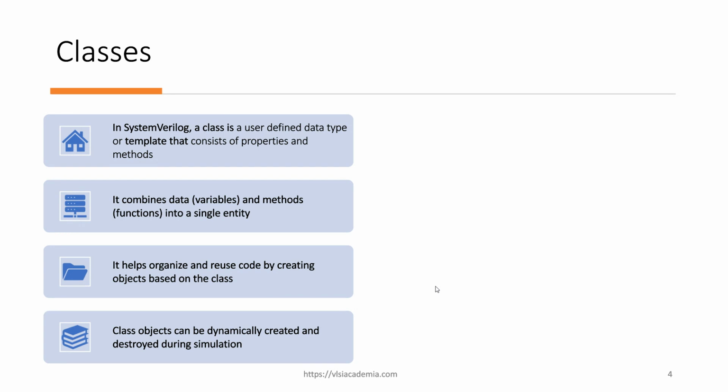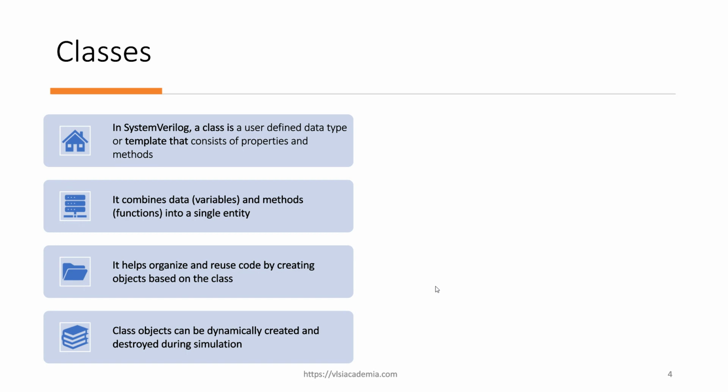Suppose we consider an example of a house. How can we define a house? A house can be defined by the paint it has, the address it has, the number of rooms it has. These can all be defined as the properties of the class house. And what functions would we need to execute in the class house?